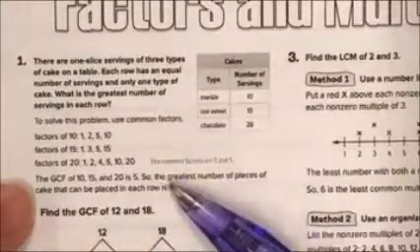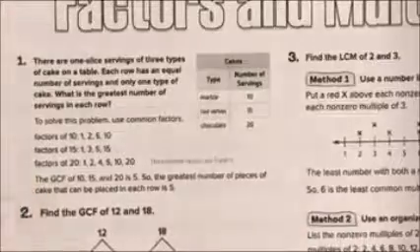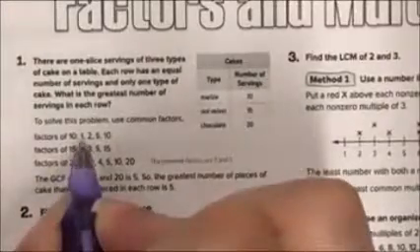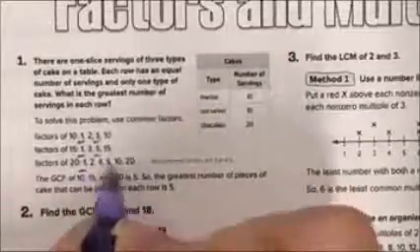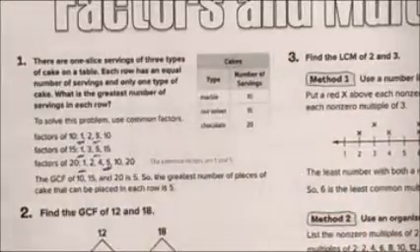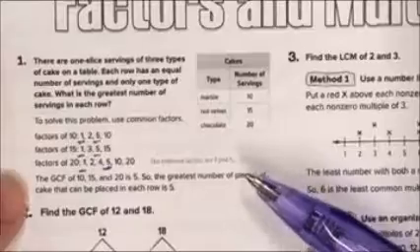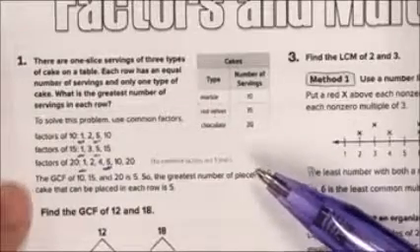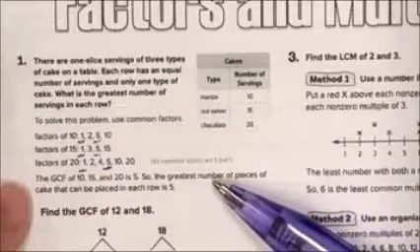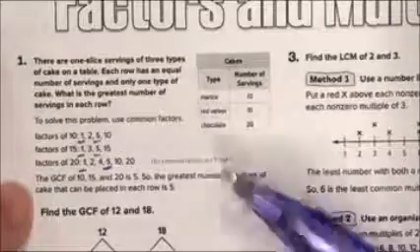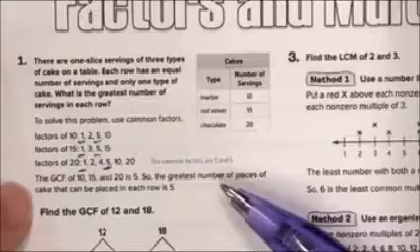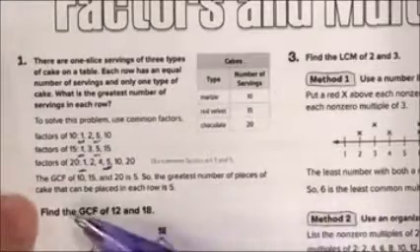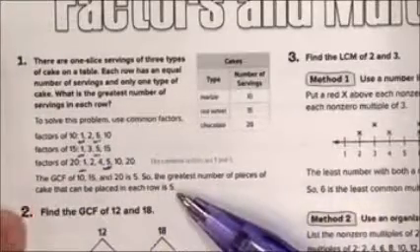The common factors, they all have a 1 and they all have a 5. So the 5 and the 1 are factors, but the biggest one they have in common is 5. So the GCF of 10, 15, and 20 is 5. So the greatest number of pieces of cake that can be placed in each row is 5.